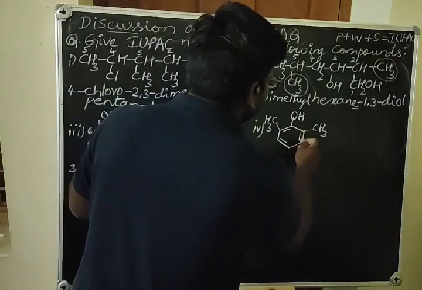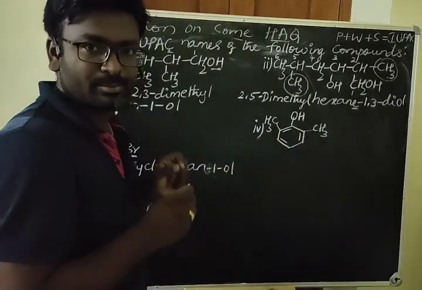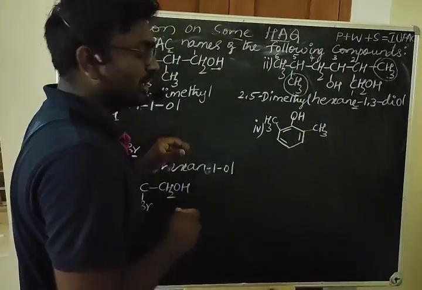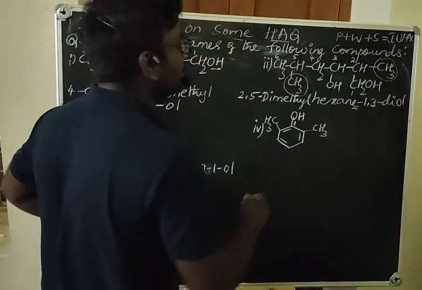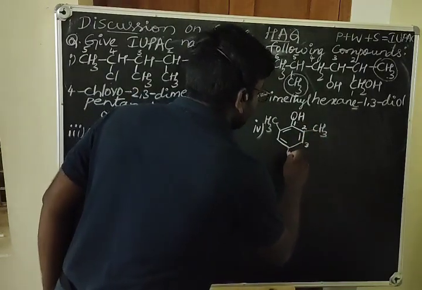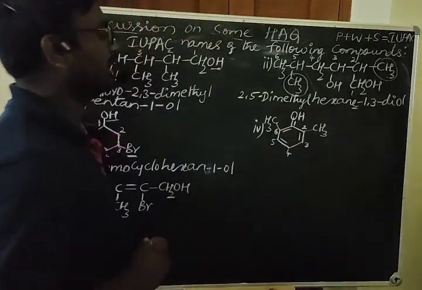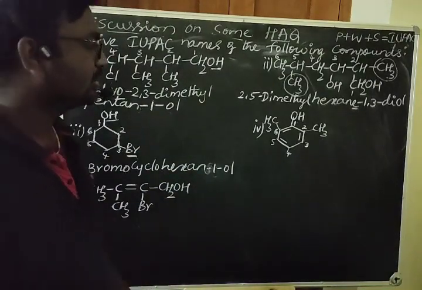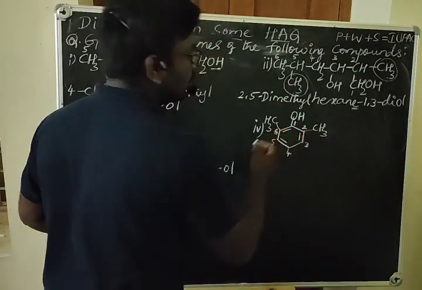Here it is a benzene ring and methyl groups are substituents for which a prefix will be given, and the functional group is OH. So here we can consider the OH-containing carbon as 1. You may give position to the other carbons as 2, 3, 4, 5, and 6. Now let's write the IUPAC name of this compound. Consider the substituent groups. Two CH3 groups are present and their positions are 2 and 6.